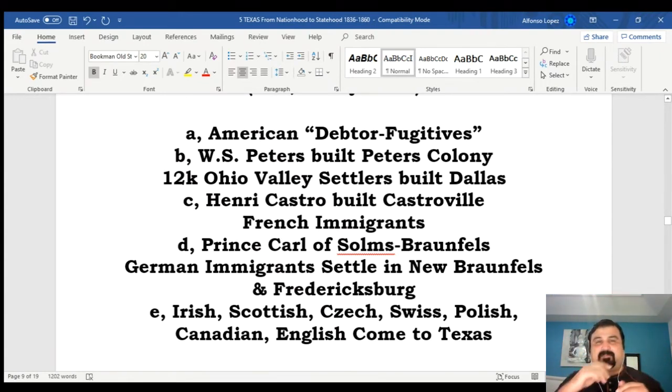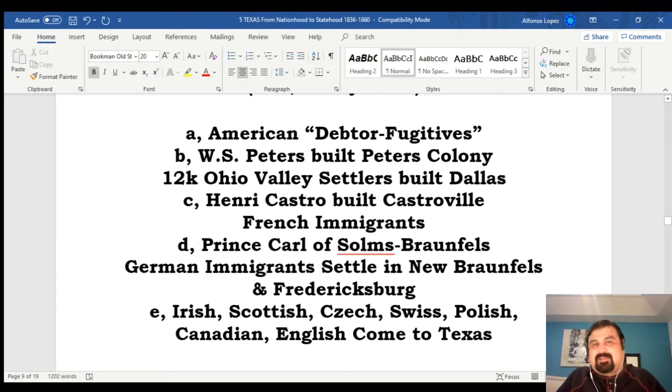Okay, so what does that mean? That they had pending loans to pay back in the United States, in any of the states, and they were pretty much trying to free themselves from those financial burdens, those dues, and they were running away from those dues by moving into Texas.